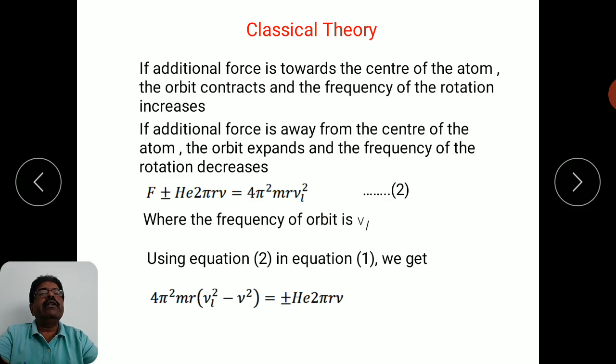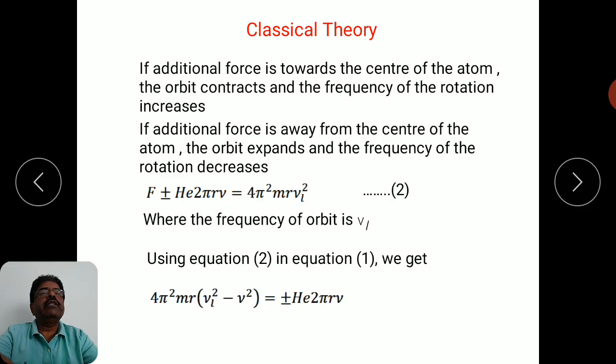The earlier force that we have defined is 4 pi square m r nu square. So if you rearrange the terms, you will get 4 pi square m r in brackets nu L square minus nu square, equal to plus or minus He 2 pi r nu. This is the additional force.